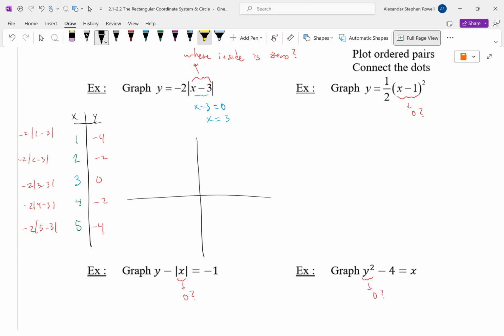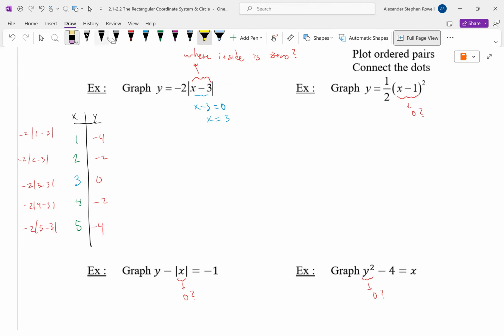You know what? I drew this without thinking. I should redraw this. I'm sorry for using pen. I should look at the range of x values between 1 and 5. That means I'm plotting points over here, right? Presumably, I should do something more like this, to have more space on the right. Then if I look at my range of y values, they're negatives. That means they're going to be down here.